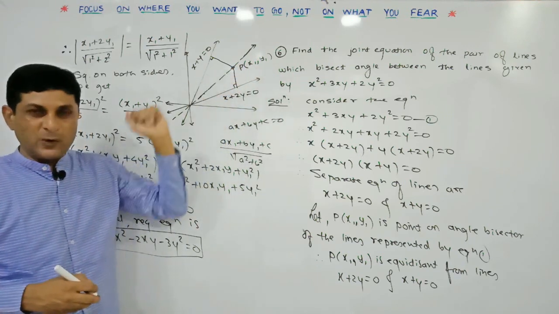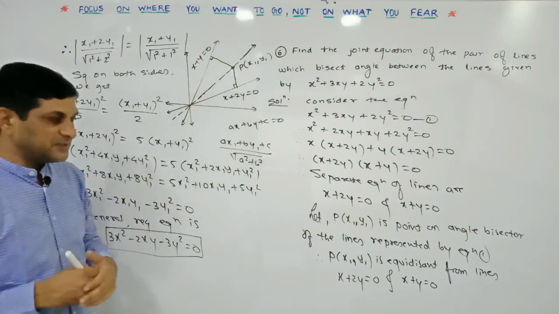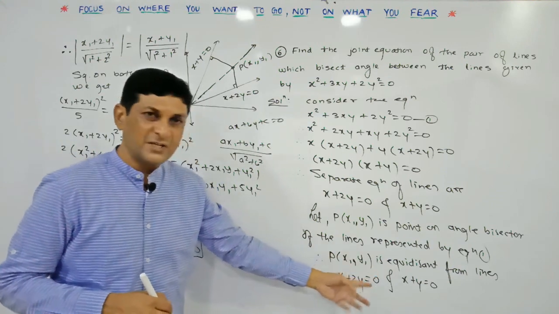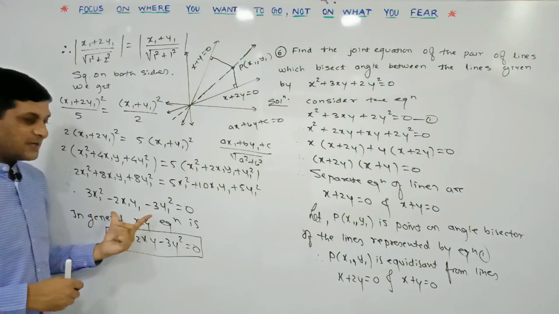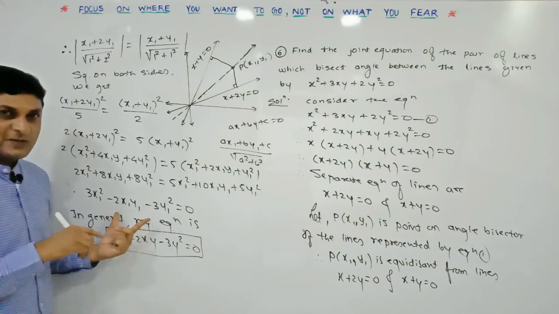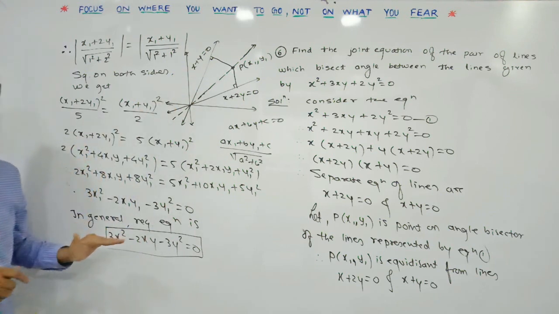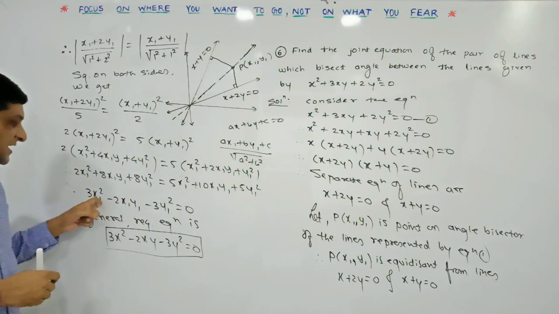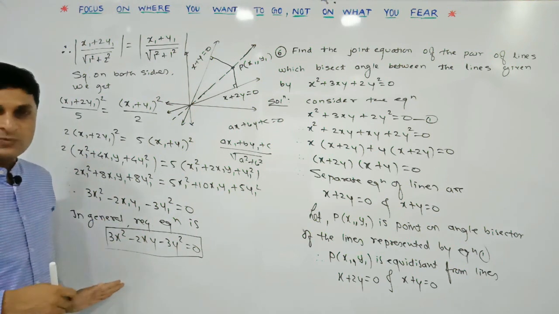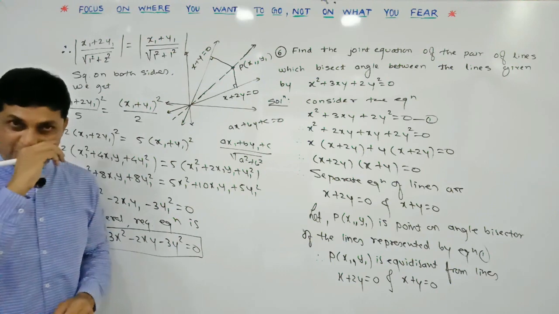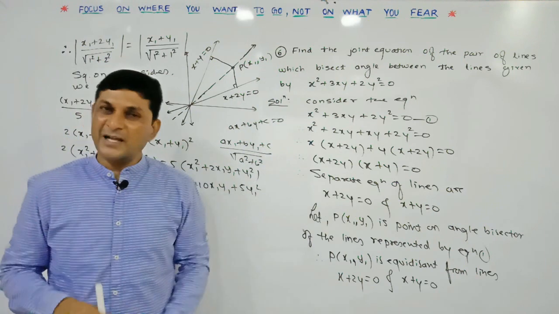So (x1, y1) is the point on the locus, meaning a point on the angle bisector, and using the condition that this point on the angle bisector is equidistant from both the sides, meaning both these lines, and simplifying it, we have got one equation in terms of x1, y1, meaning it is the equation of the angle bisector. So whenever we are writing the equation in general, replace x1 by x and y1 by y. So this will be the required joint equation of the angle bisector between the lines represented by this equation.